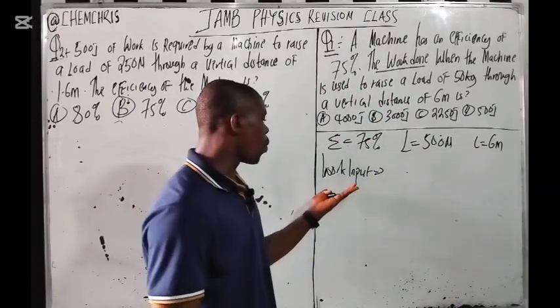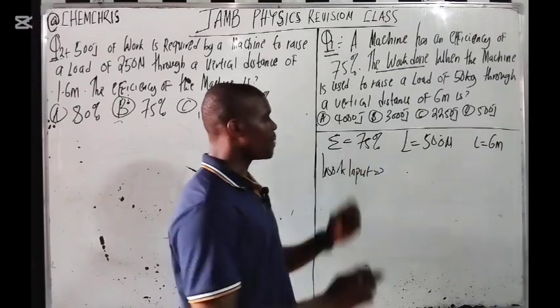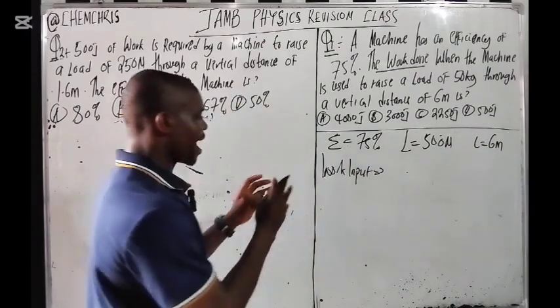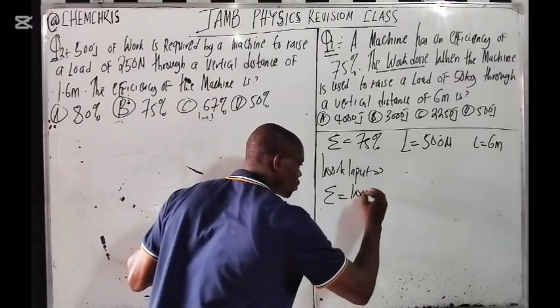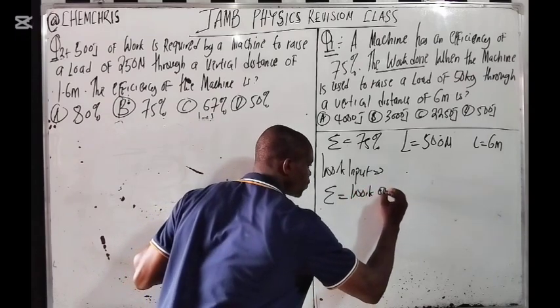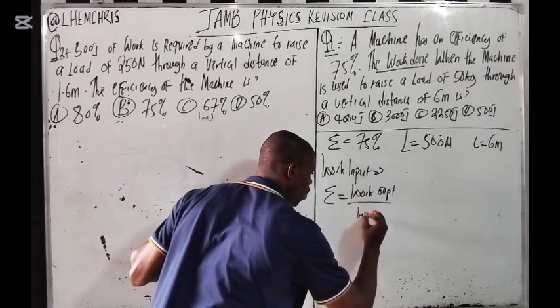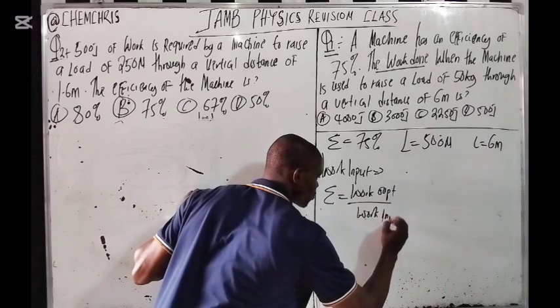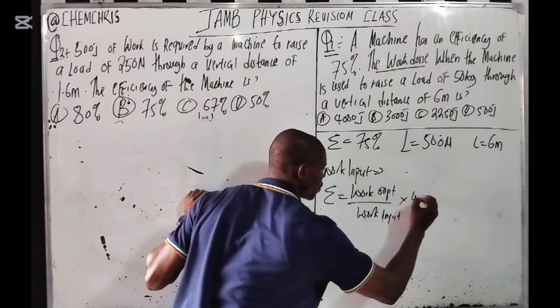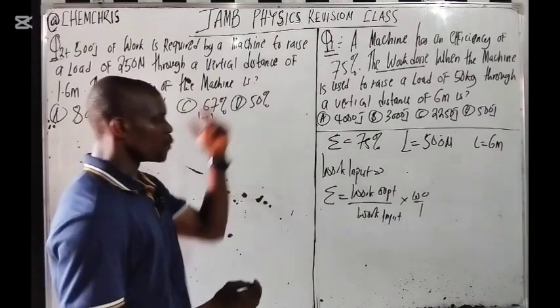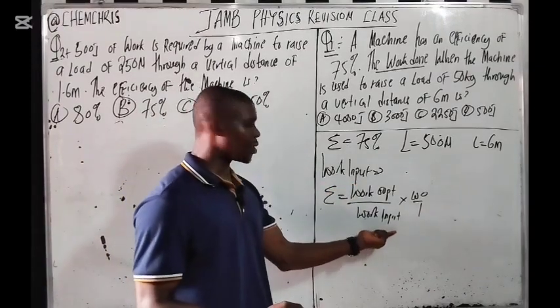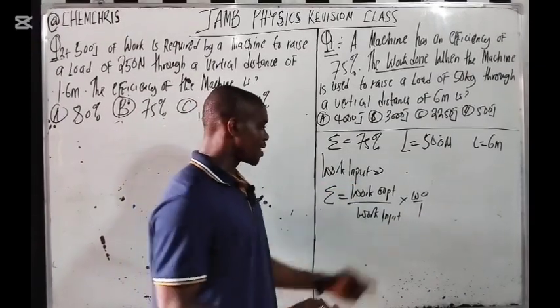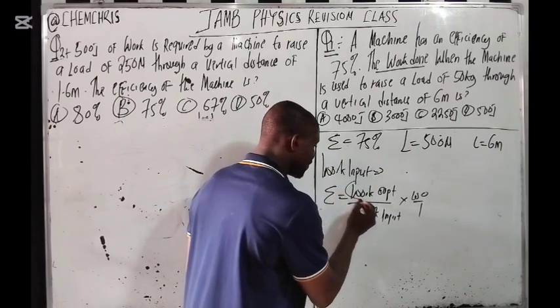So they're asking here for work input. These are all the parameters given to us. Remember the efficiency of a machine is equal to work output over work input times 100 over 1. The work input is what you are looking for, so let's calculate the work output first.